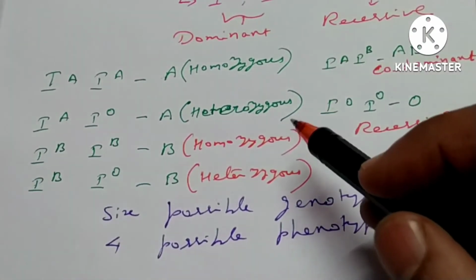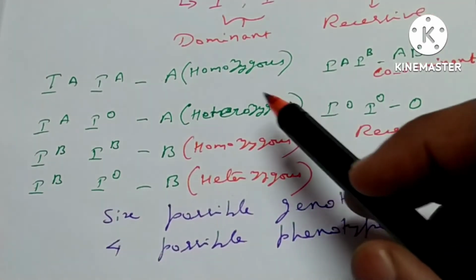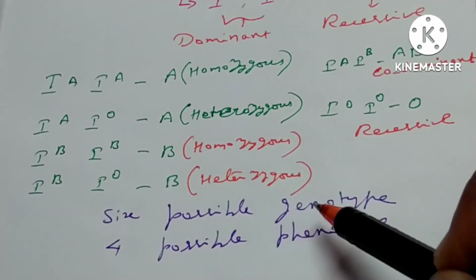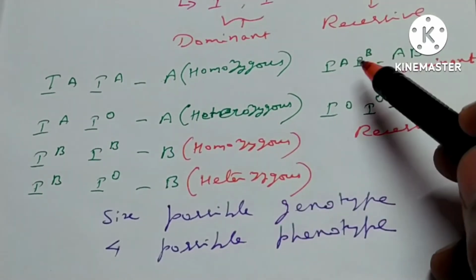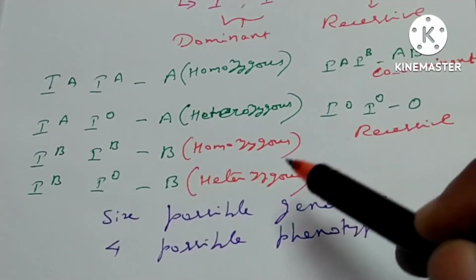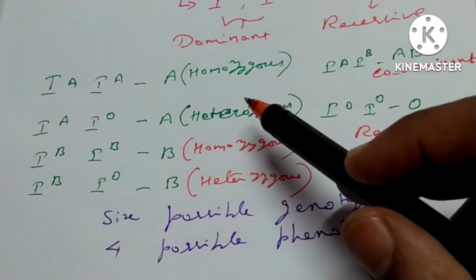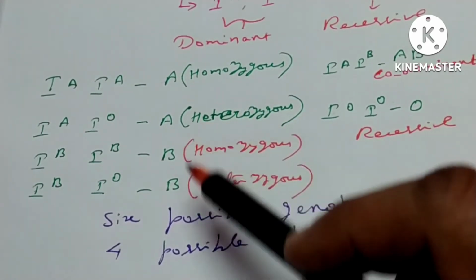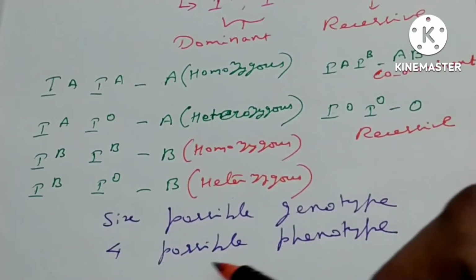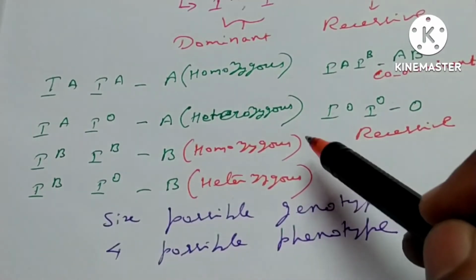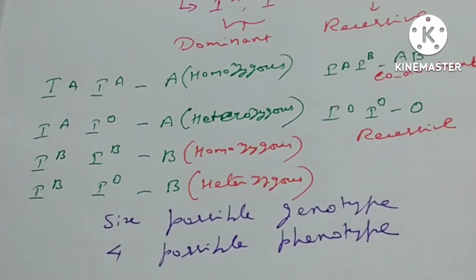Due to these three alleles there are 6 possible genotypes and 4 possible phenotypes. That means blood groups A, B, AB and O. There are 4 possible phenotypes that can be produced.